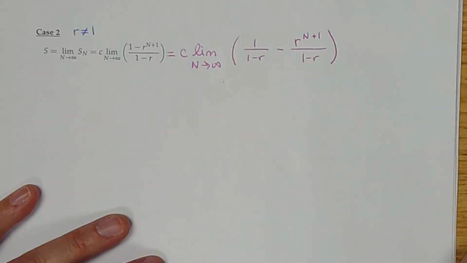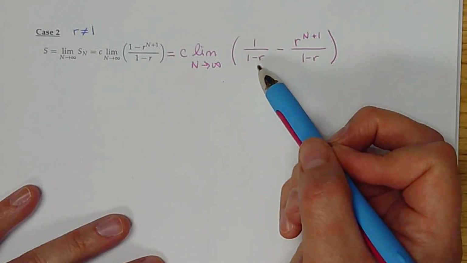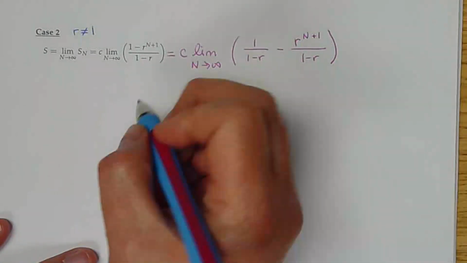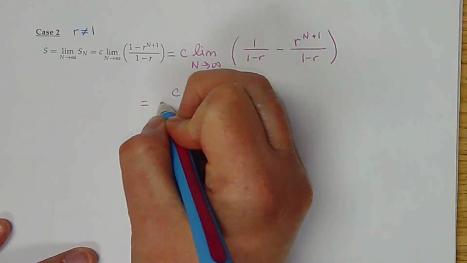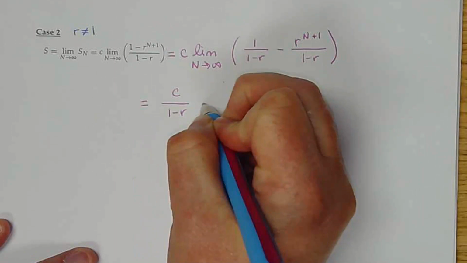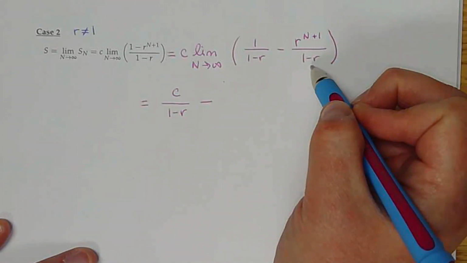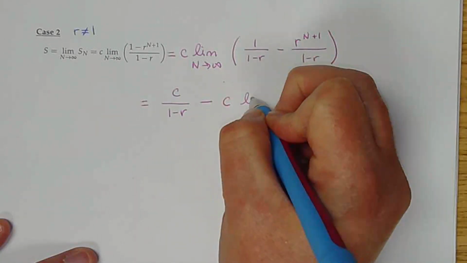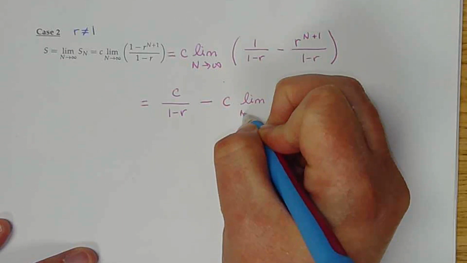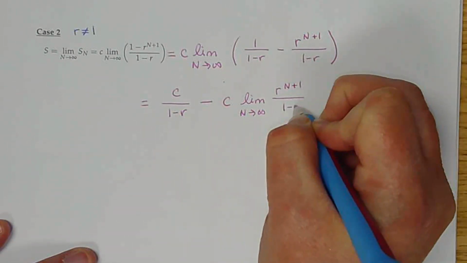And now I can apply my limit term by term. So 1 over 1 minus r doesn't have an N in it. So that'll give me, I need to distribute that c, so I have c over 1 minus r. This second term does have an N in it, so I need to keep the limit. I get minus c times the limit as capital N goes to infinity of r to the N plus 1 over 1 minus r.